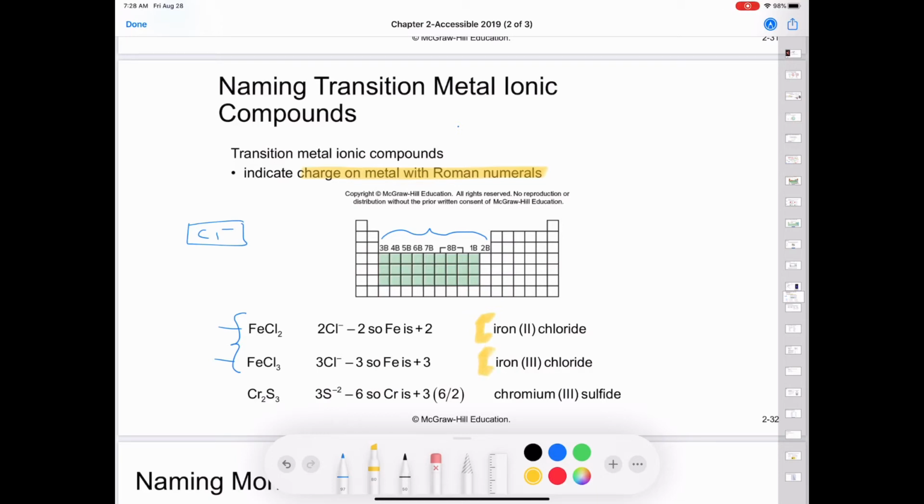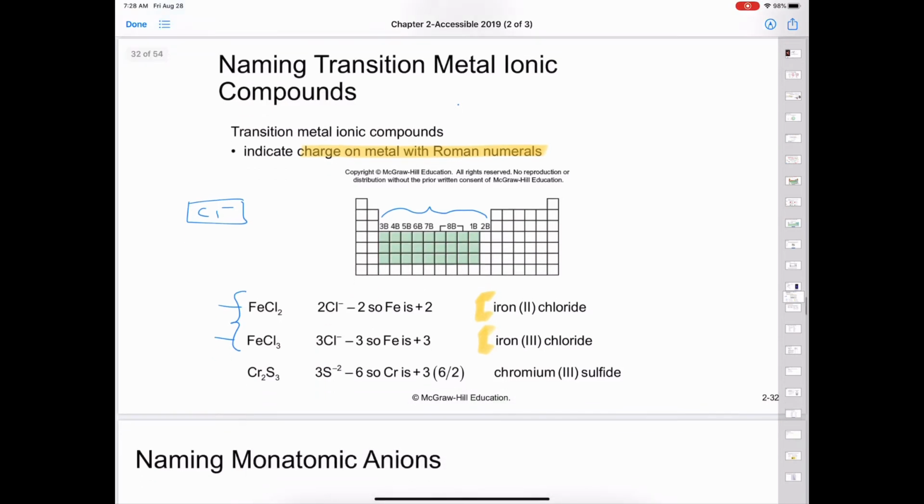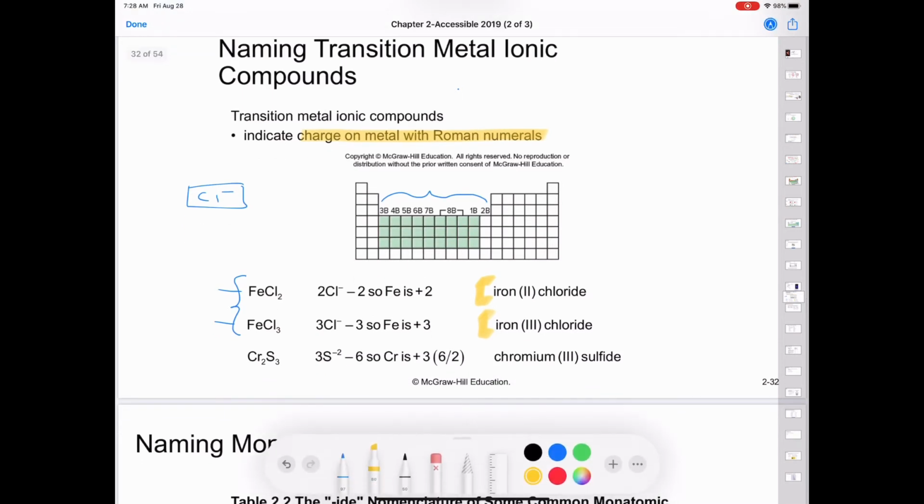Let's take a look at this example shown at the bottom. We have this interesting compound here, Cr2S3. Hopefully you remember that sulfur always has a 2- charge. That does not change. Now if I have 3 of them, 3 times -2 is going to give me an overall charge of -6. And I have 2 chromiums.